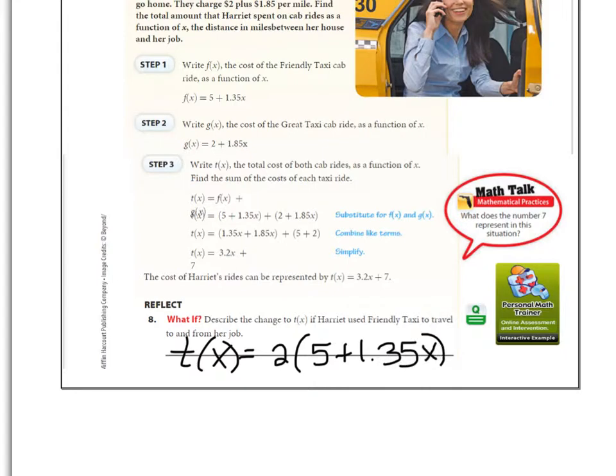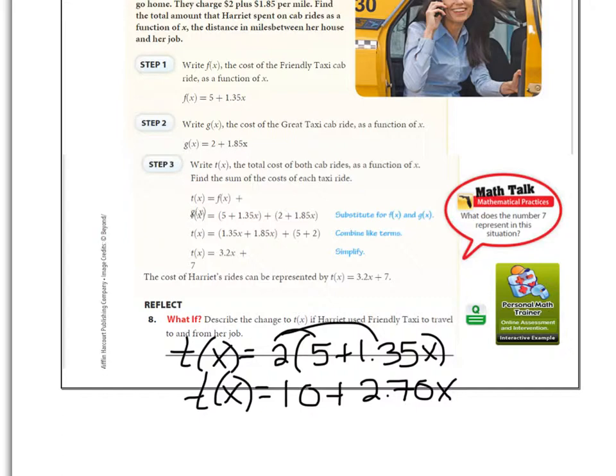You also could have written 5 plus $1.35x plus 5 plus $1.35x. So we're going to distribute, since we're multiplying by a 2. So it would be $10 plus $2.70 per mile would be your t of x.